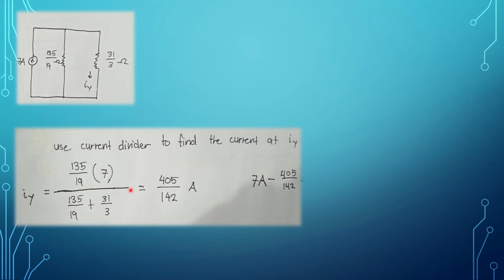So we will get 405 over 142 amperes. That is the current that is running through Iy.